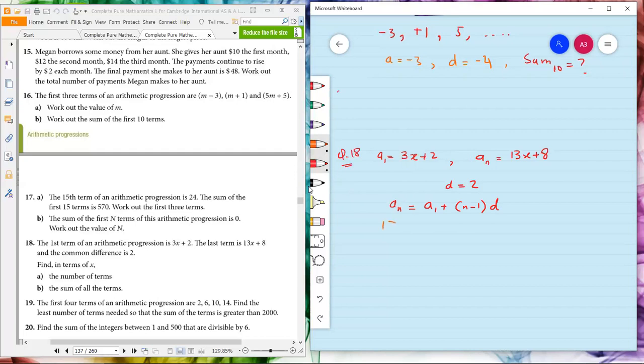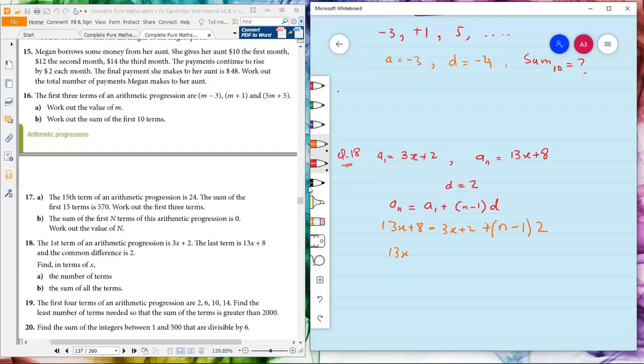Now put in all these values. An is equal to 13x plus 8. A1 is 3x plus 2, plus (n minus 1), where n is not known, into d, and d is equal to plus 2.